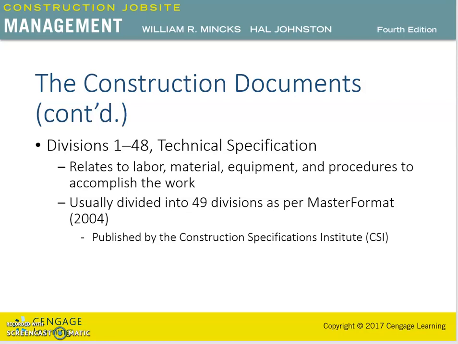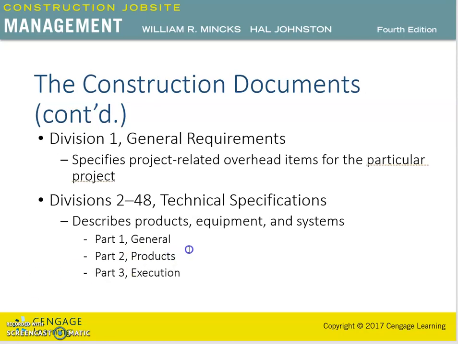Earlier it used to have 16 divisions, but now the current version has 49 divisions, and these divisions run from division 1, division 2, starting from the general requirements, existing conditions, concrete, masonry, etc. Division 1 is about the general requirements.